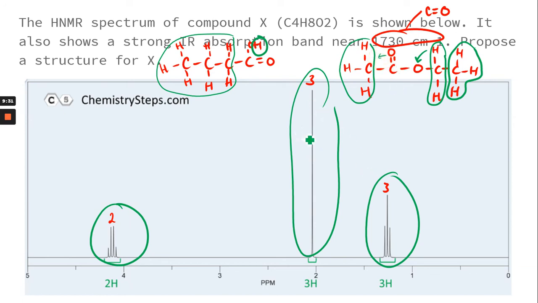So that's how we're getting our 3. And if we look, we can match them up a little bit. This is going to represent one of our CH3s because we have our 3 hydrogens. This will represent a CH3 because of the 3 hydrogens. And this would represent our CH2. So that's another way to tell that it is the ester and not the carboxylic acid, because you have to have 2 CH3 groups.